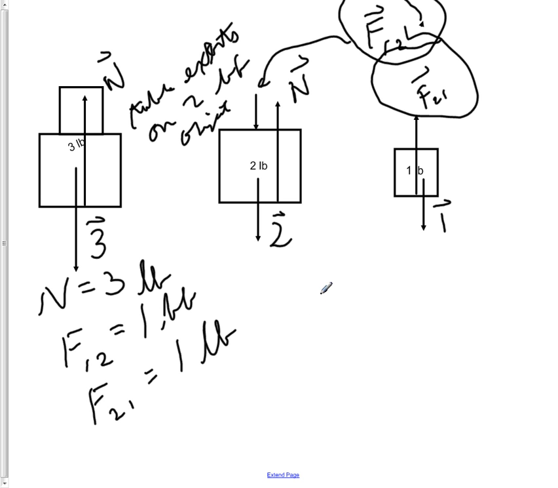And so what I can write is that the vector F12 is equal to minus the vector F21. So this is sort of a sleight of hand derivation of Newton's third law. Newton's third law actually is a statement of an experimental fact. We always find that if one object exerts a force on a second, then the second exerts an equal and opposite force on the first.